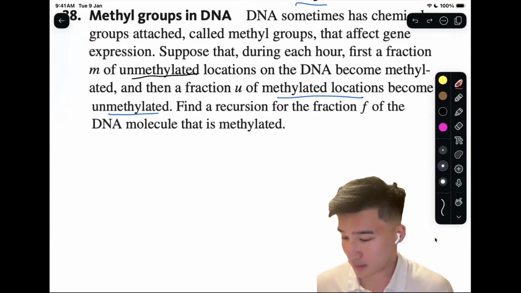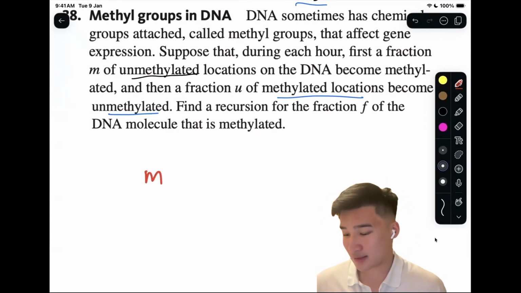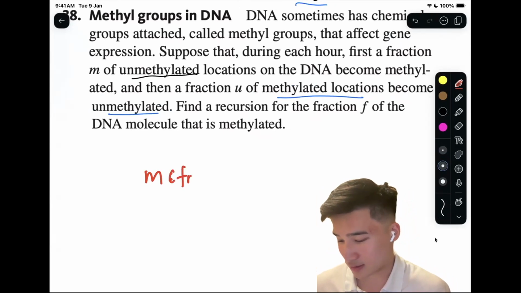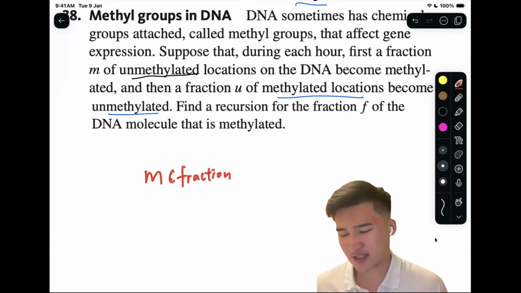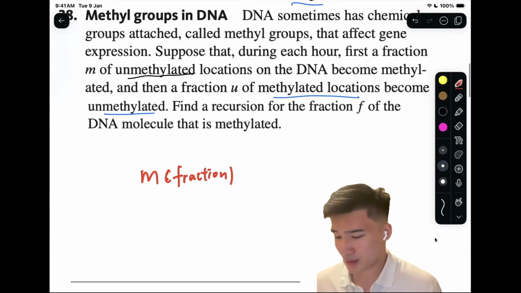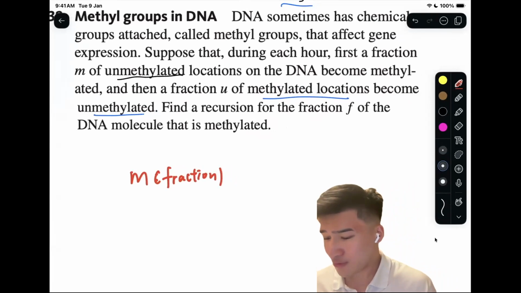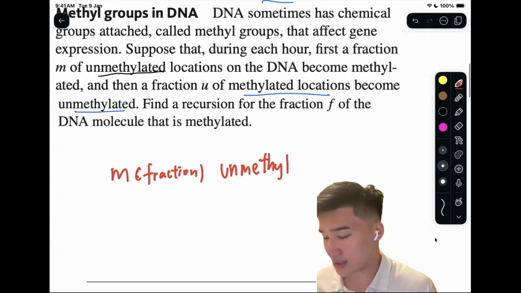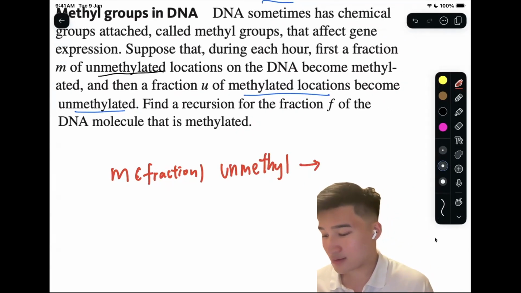So M is for unmethylated locations. But M is a fraction. Remember that it's a fraction; we can just think of it as a percentage. A fraction M of unmethylated locations on DNA becomes methylated.